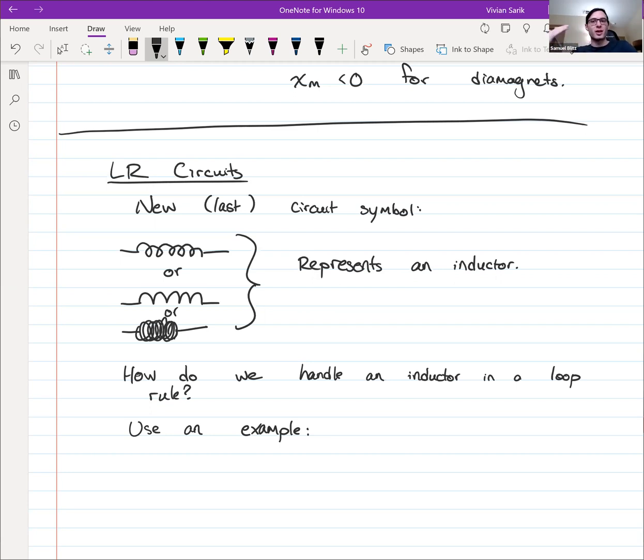You have to think about the way the current's flowing and imagine that charges are accumulating. If you guess wrong, that's still okay. Everything will just be different by a minus sign, and you'll still get the right answer, but you have to assume a current direction. In the case of inductors, you're going to have to assume the way the current is changing. Is it increasing, decreasing?